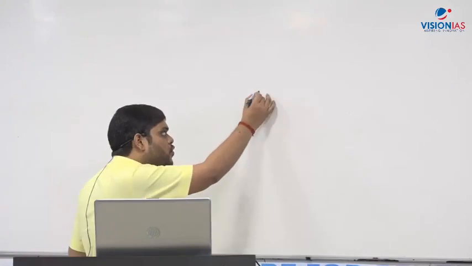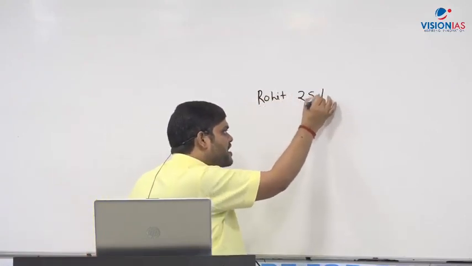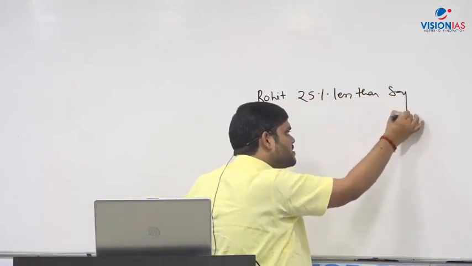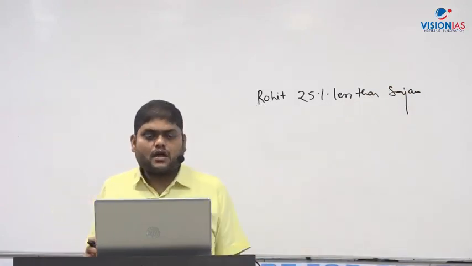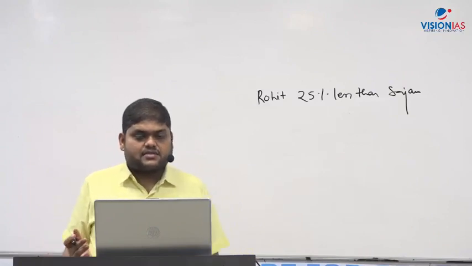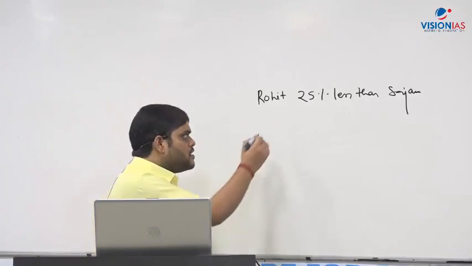Another question is again a simple one. Rohit gets 25% less marks than Sajan. This is given. And Sajan gets 20% more marks than Sanam.